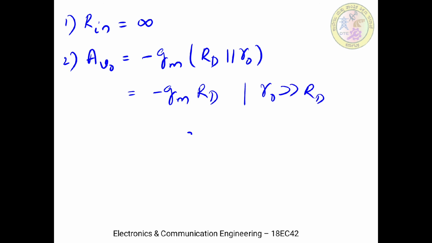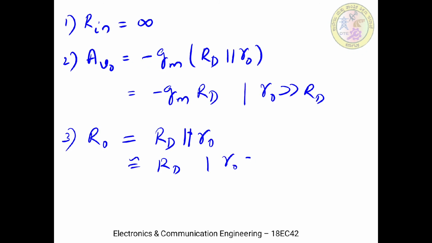So next we have the output resistance R naught, that is equal to RD parallel to R naught, but this is almost equal to RD. The reason is the same, R naught is very much greater than RD.